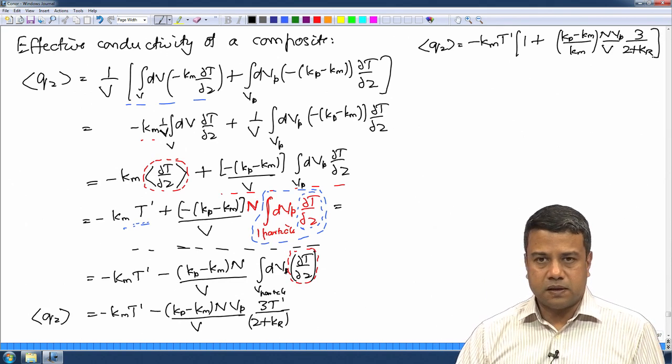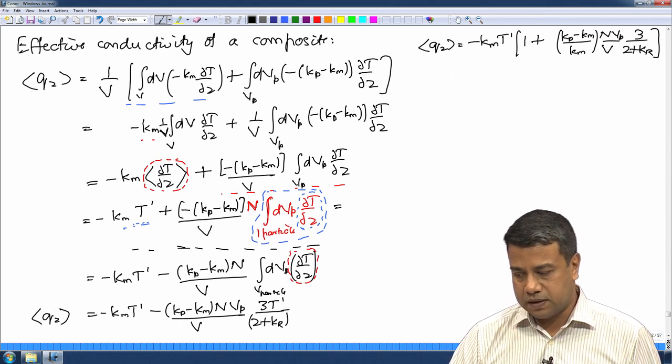Recall that k r was the ratio of the thermal conductivities of the particle and the matrix.